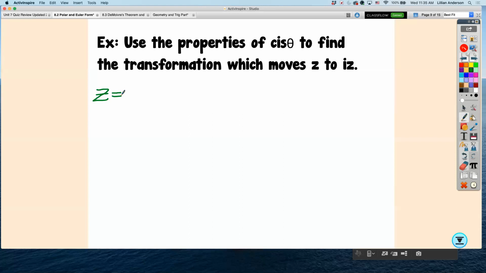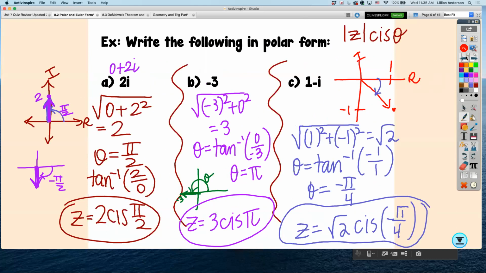Modulus is... And the modulus is equal to the square root of a squared plus b squared, but what does that represent? Yes, it also represents that. What else does it represent?